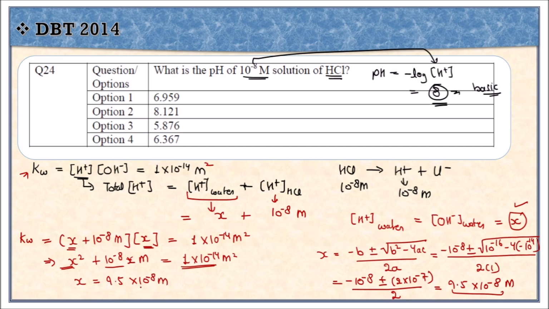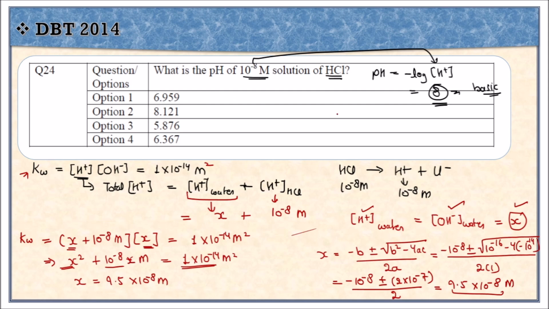Okay, so now we get the value of H plus ion, which is formed because of ionization of water, and this is the same value for OH negative ion as well. Okay, now what we have to determine is the pH.